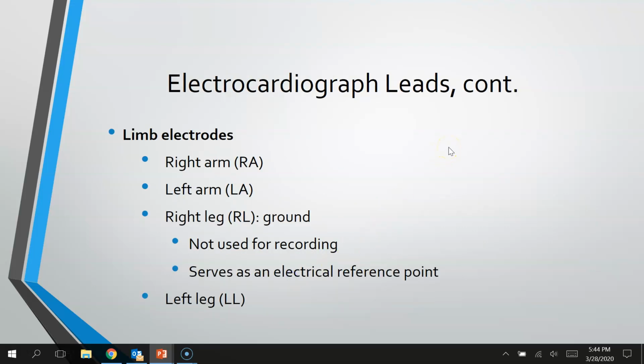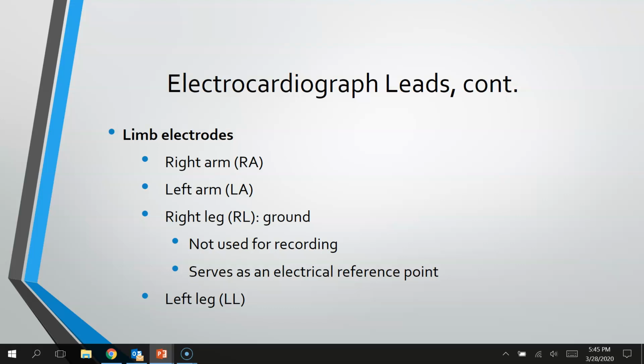Now, it's a 12-lead EKG, but we only use 10 electrodes. So it's a 12-lead EKG using 10 electrodes. Our limb electrodes are going to be the right arm, which is RA, the left arm, which is LA, the right leg, which is RL, and that is our ground lead.